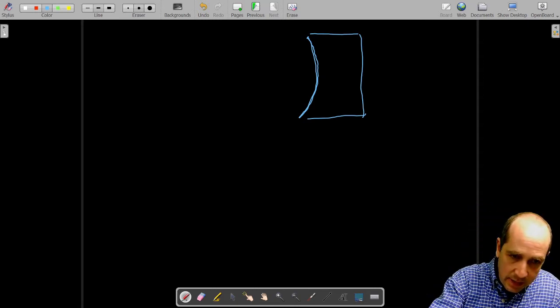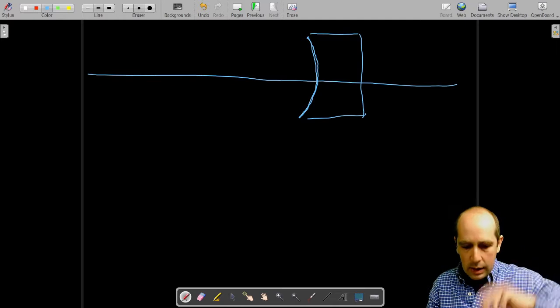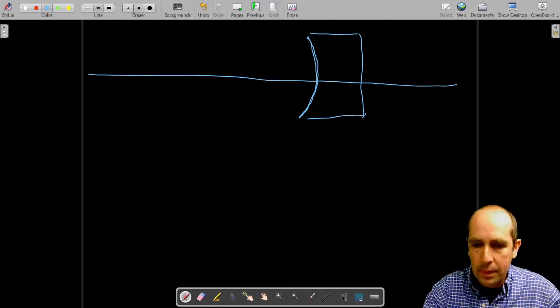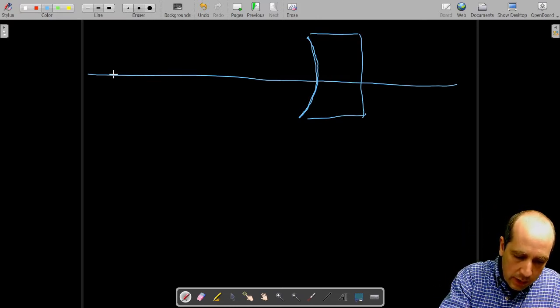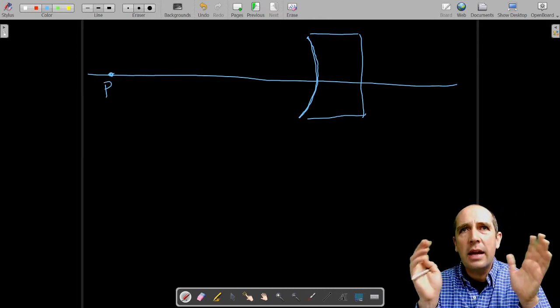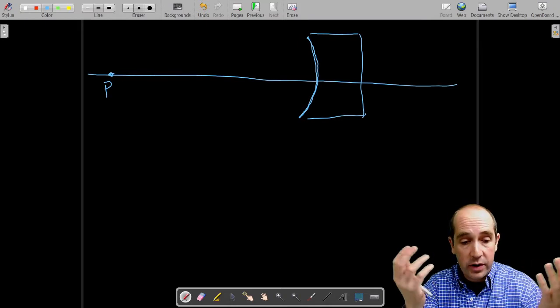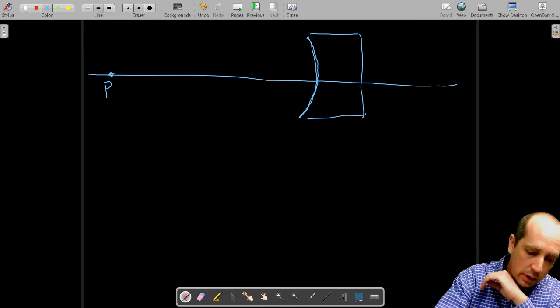And let's place an axis, an imaginary line, so the surface is symmetric with respect to this line. We will call that the optical axis, and we will define a point here which we will call P, which is, let's say, where we place our object. So let's say we want to make an image of, for example, your dog. So you would place your dog here at point P.